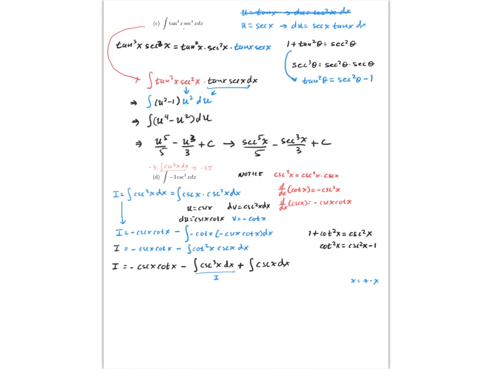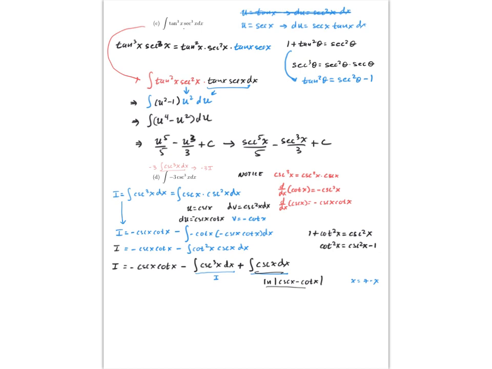There's one extra thing you have to take care of before you do that. Notice you need to find this integral. From calculus 1, this integral is equal to ln of cosecant x minus cotangent x. This is an integral you usually do in calculus 1. You can just use a substitution and the identities to get to it, but this is how we get from here to here.